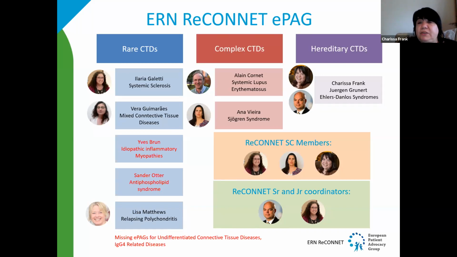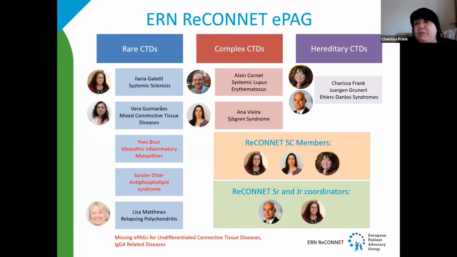the representative for Sjogren. Now, only with the hereditary connective tissue disorders, Jürgen and myself are representatives. There are actually 14 types of EDS. 1 is represented in another ERN, and 13 are represented in this ERN.